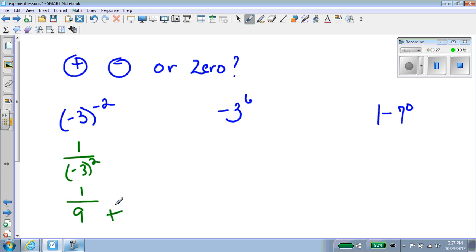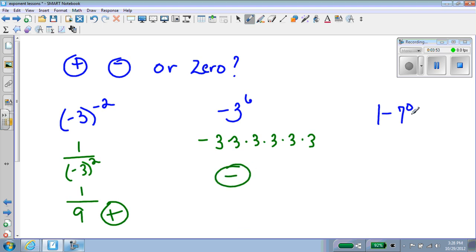So it's positive. What about negative 3 to the 6th power without any parentheses? Well, that would be negative 3 times 3 times 3 times 3 times 3 times 3. So that would be a really big number, but it's definitely going to be negative.